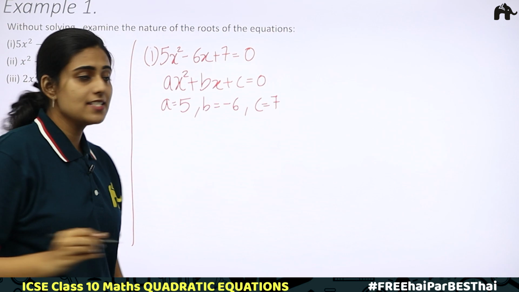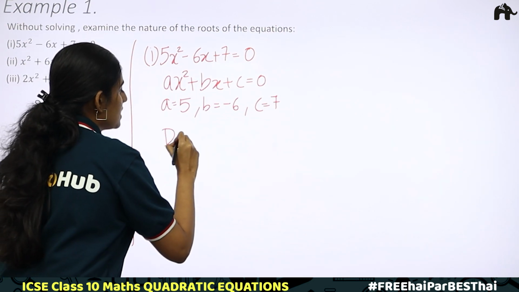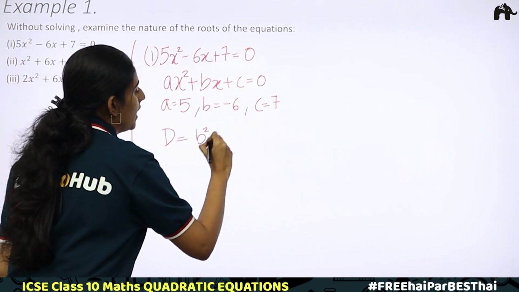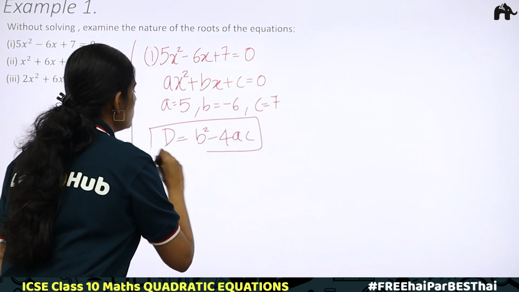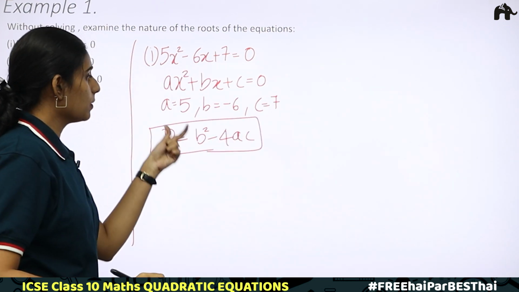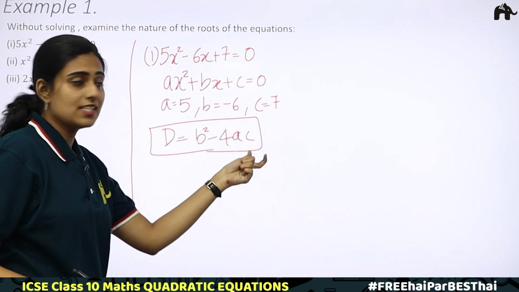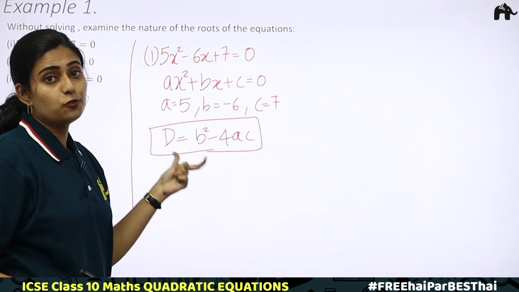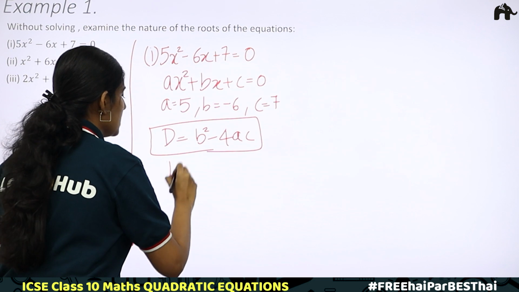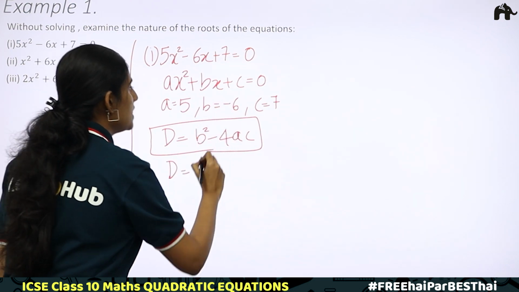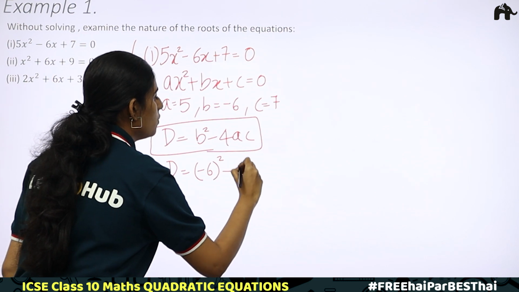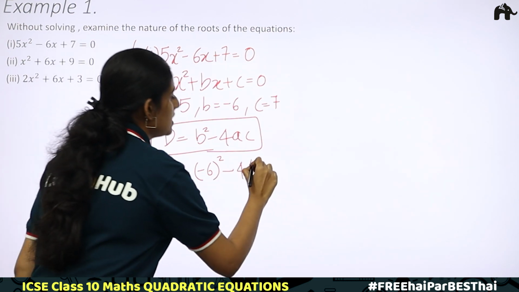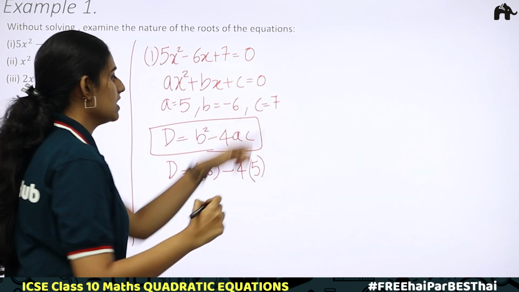What is discriminant? We studied discriminant D is equal to b square minus 4ac. Now we just need to substitute values for b, a and c in this equation to find discriminant. D is equal to, here we have b is minus 6 whole square, minus 4 into a is equal to 5 and c is equal to 7.